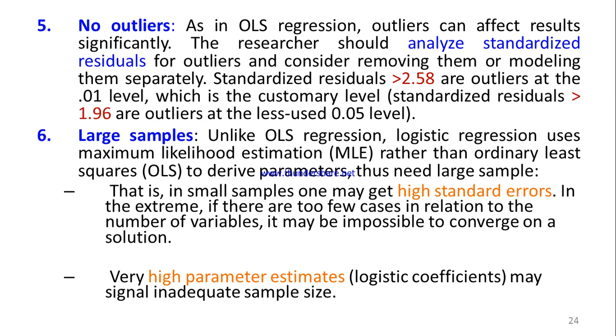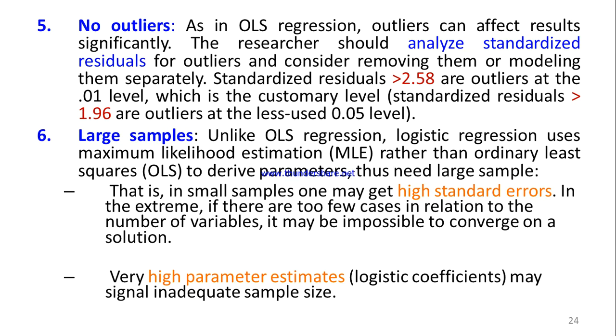The minimum is that we have to have at least 10 responses for each category of the independent variable. If the independent variable is sex, for example, then we have to have at least 10 responses for male and 10 responses for female in order to claim that the sample size is sufficient.